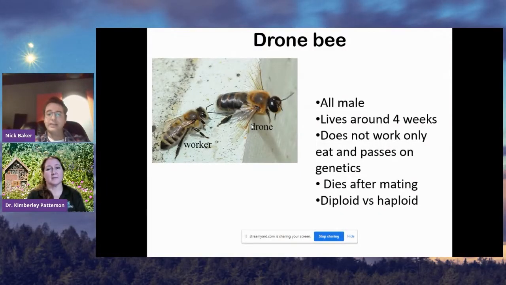So if she's laying eggs, she'll introduce one sperm at a time to each egg, and then lay it in the cell, and then it can develop into a worker bee. Or she can take her spermatheca and turn it off and not introduce a sperm to an egg, and then just lay an unfertilized egg, and that one will turn into a drone.